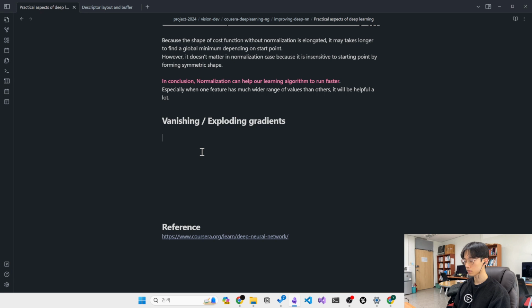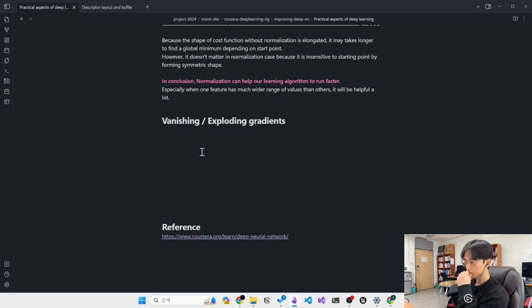Now, conversely, if we replace this with 0.5, so something less than 1, then this matrix becomes 0.5 to the L minus 1 times x, again ignoring WL.